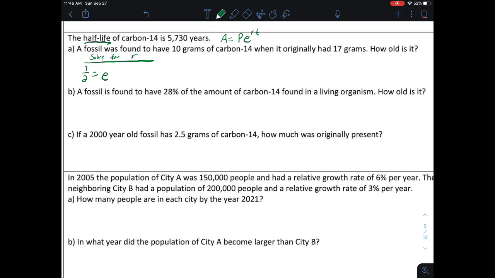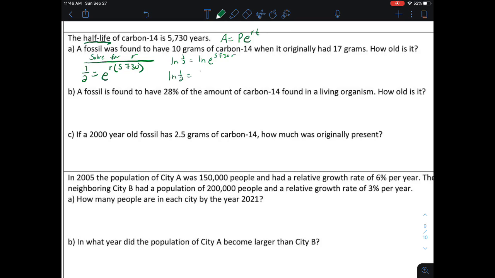And that gives me 1/2 equals e to the r times the number of years it took to get half of what I started with, 5,730. Now we solve this like what we were doing before. So take the ln of both sides. I'd have the ln of 1/2 is equal to the ln of e to the 5,730r. And bring my exponents out front.